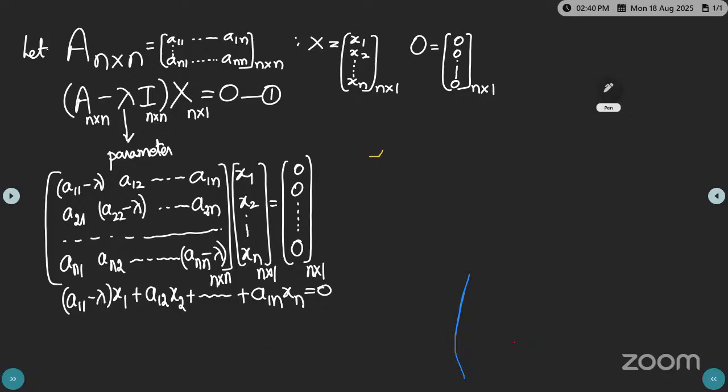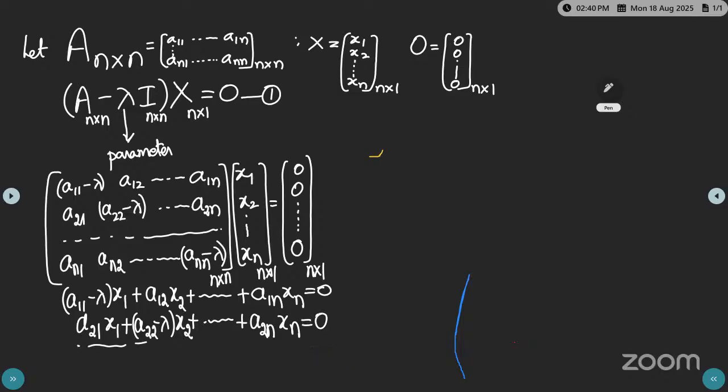Next, a21 x1 plus a22 minus lambda into x2 plus and so on plus a2n xn equals 0.